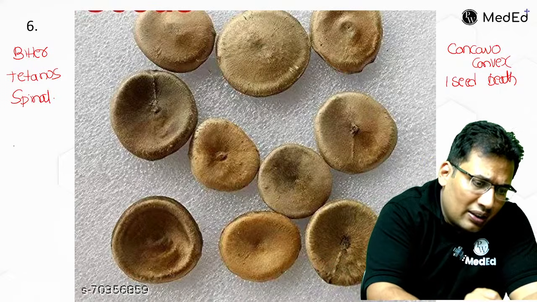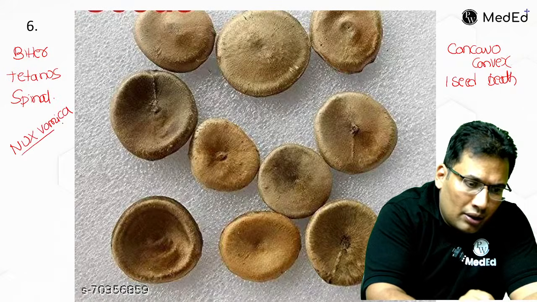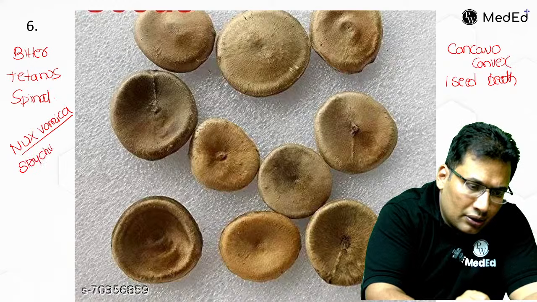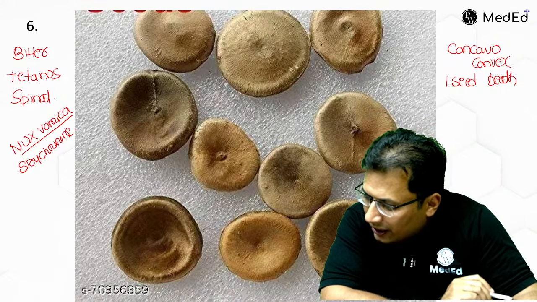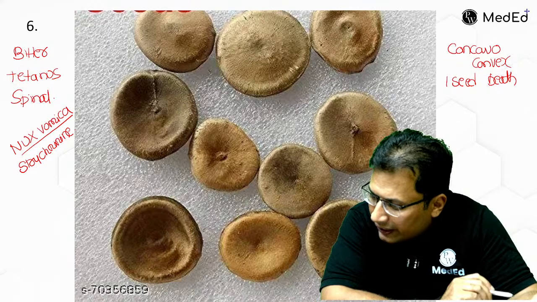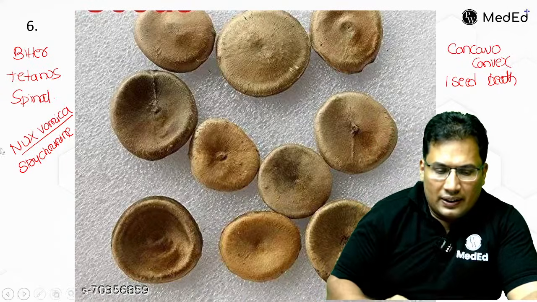So this is classical Nux-vomica. The active principle is strychnine. Yes, Rajesh, good. Ranjan, Akash, Rakesh, Rajesh, good. Many answered. This is the Nux-vomica plant.